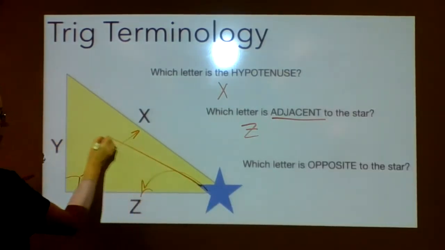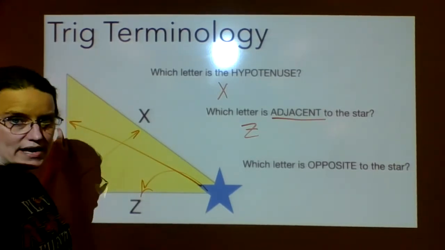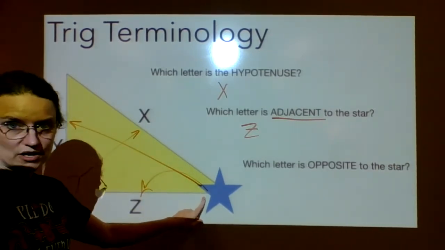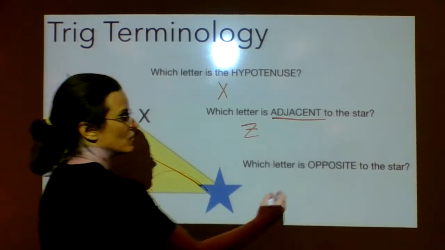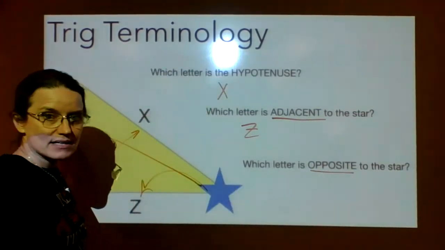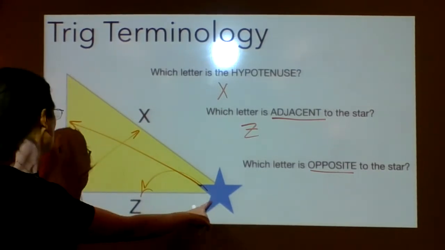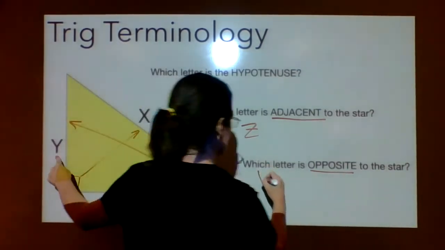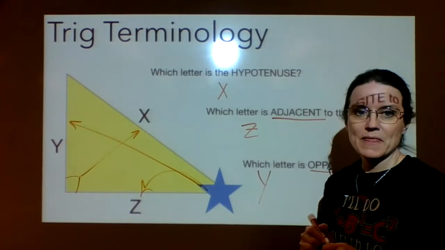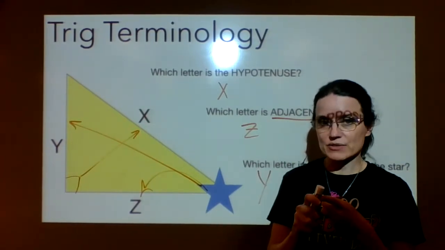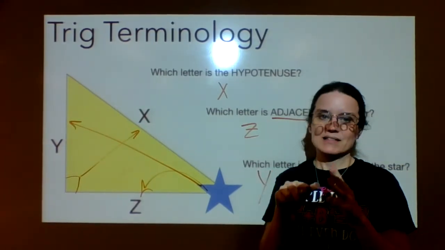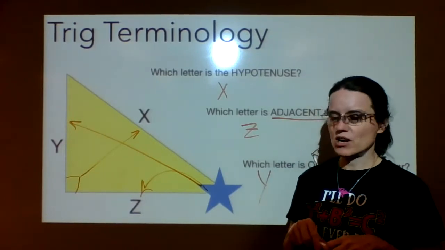The side that's directly across the triangle from my starred angle is going to be our opposite side. So the side that is opposite my starred angle here, in this case, is Y. If you can keep straight your hypotenuse, the side opposite and the side adjacent, you can do trigonometry any day you want.